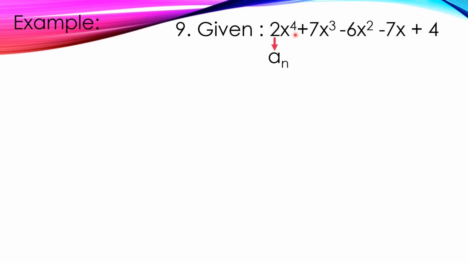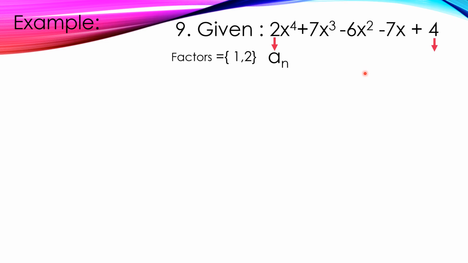And the degree is 4. So, since this is the leading term, we can say that the leading coefficient is 2, which is represented by the notation a sub n. Okay? So, the factors of the leading coefficient are 1 and 2.